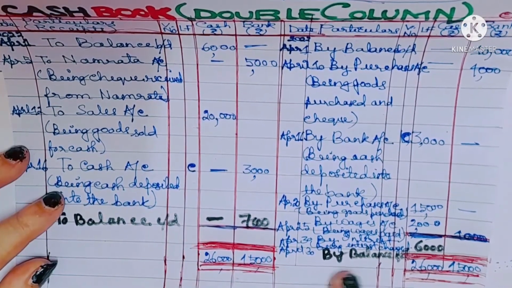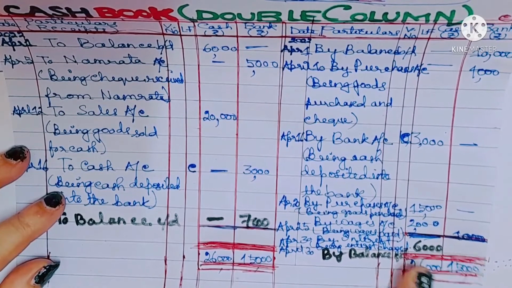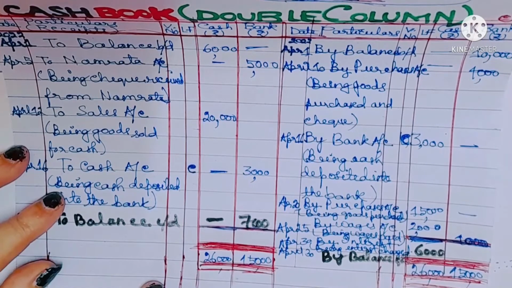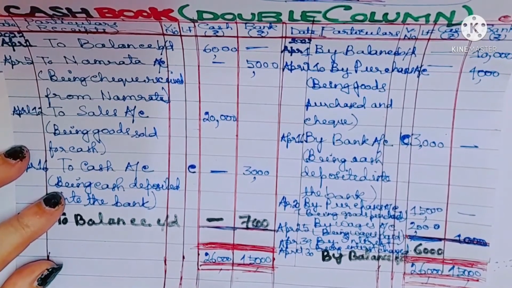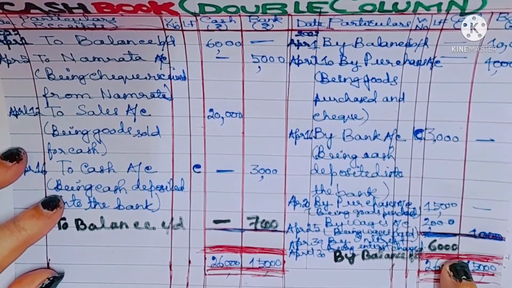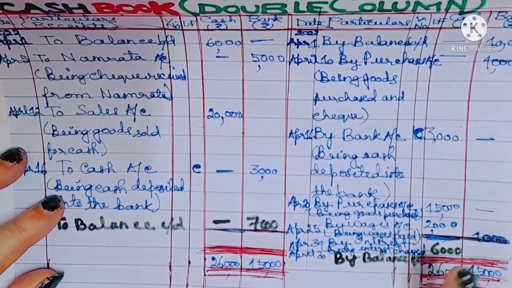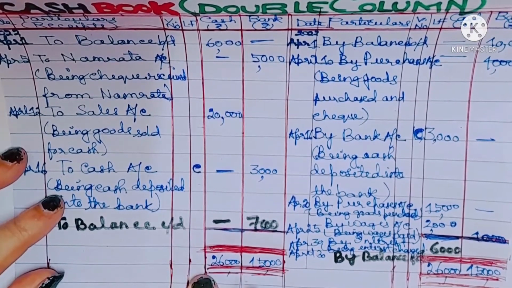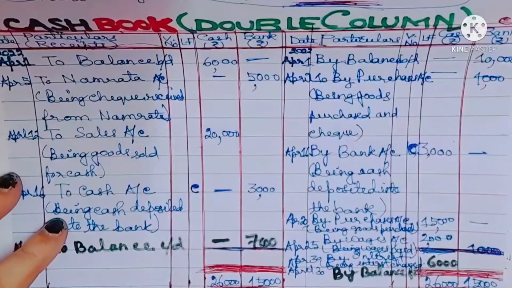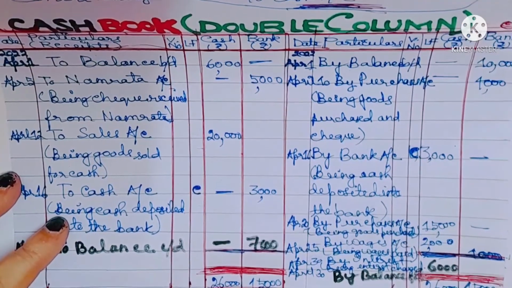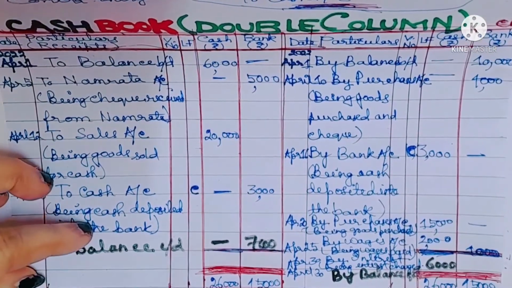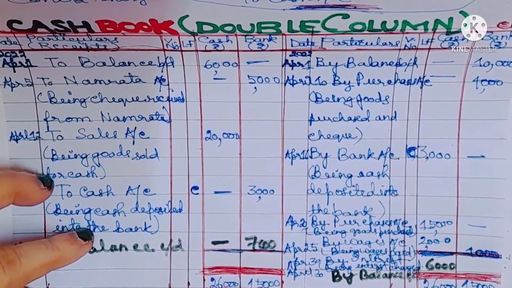So this by balance CD 6,000 will be brought forward beneath the debit total and we'll write to balance BD 6,000, since the business is not closed. It will continue. This closing cash in the month of April will be the opening cash for the month of May. Okay, so let's write down to balance BD 6,000 the next day, 1st May.